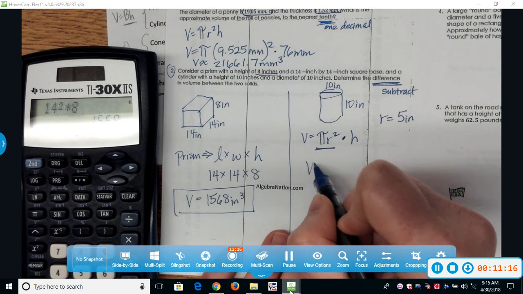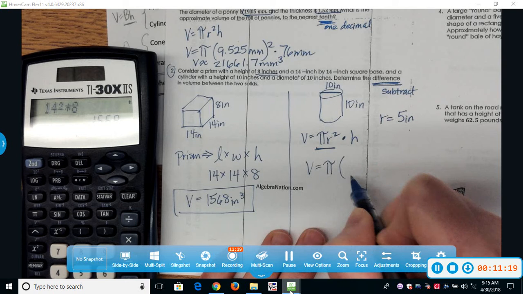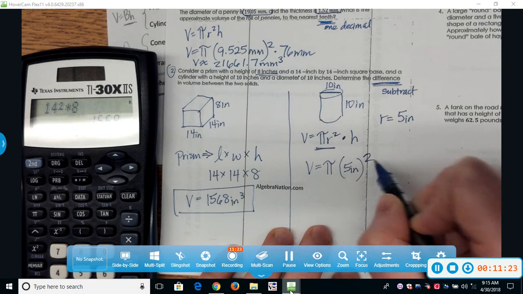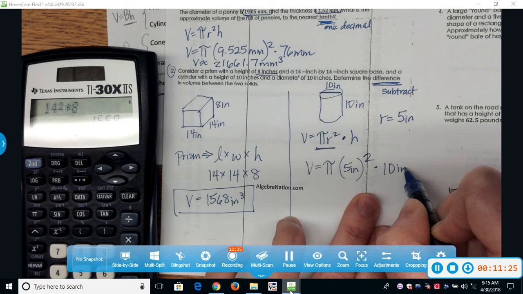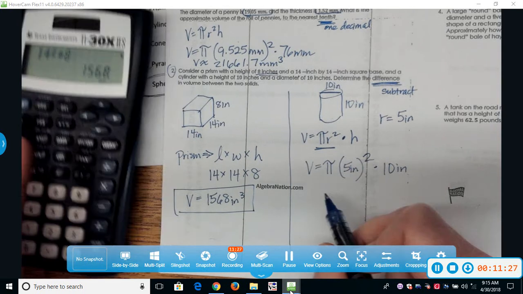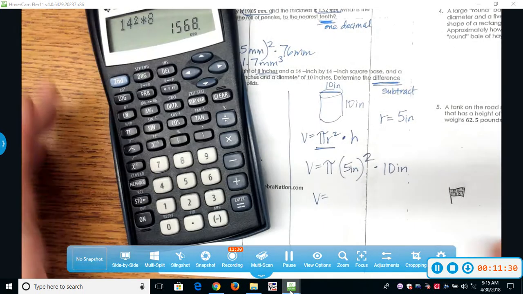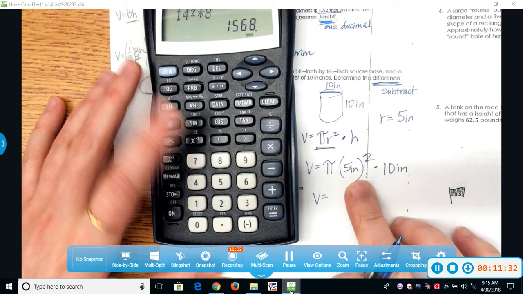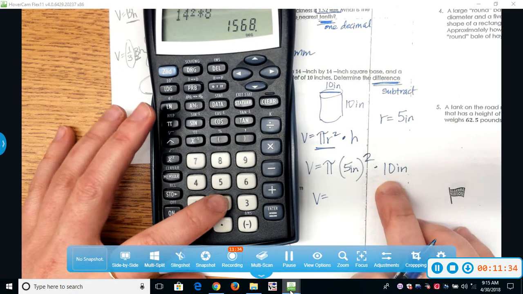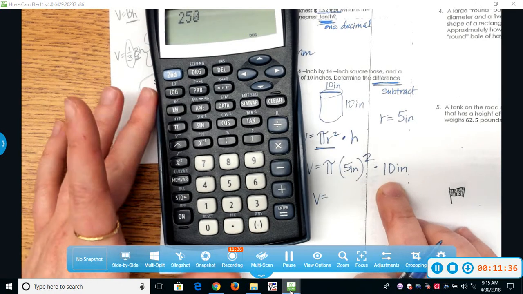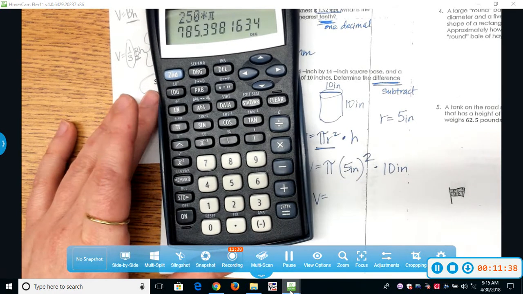All right. So now I can plug in my numbers. Pi, the radius was 5. I'll be good and I'll write my units. Times 10. So I get 5 times 5 is 25. Add a 0 because I'm multiplying it by 10. 250 times pi.